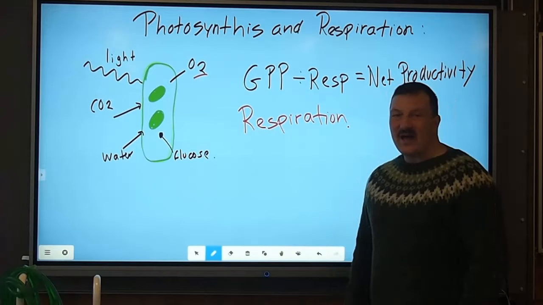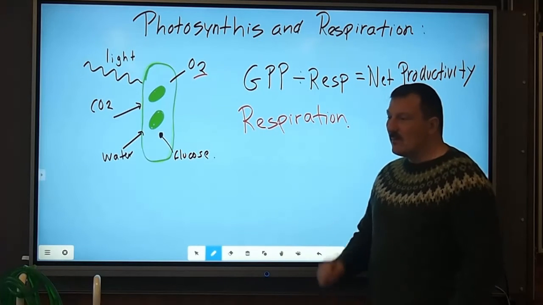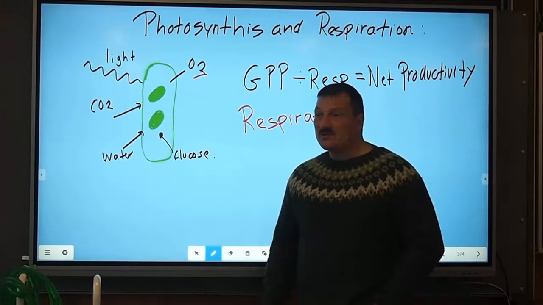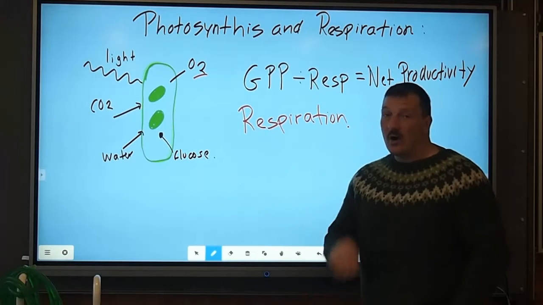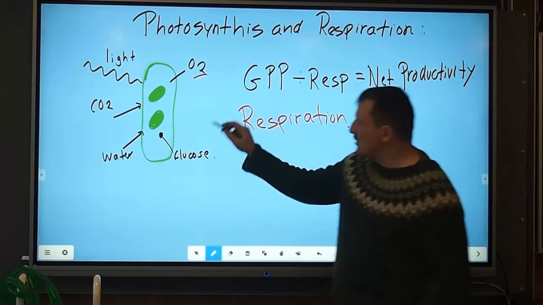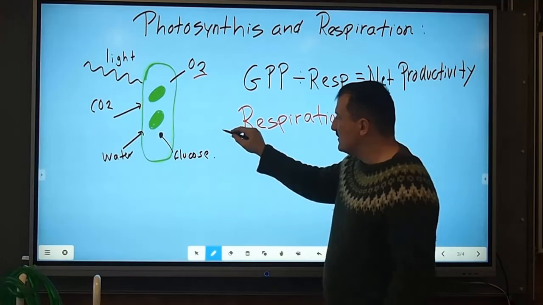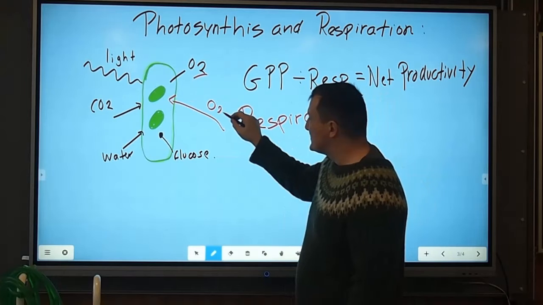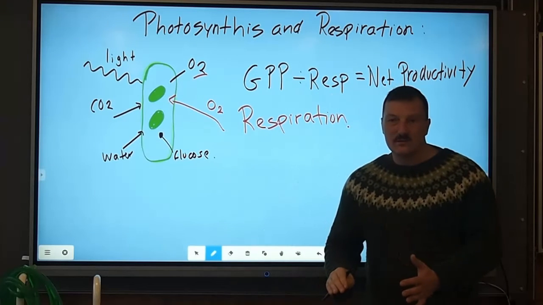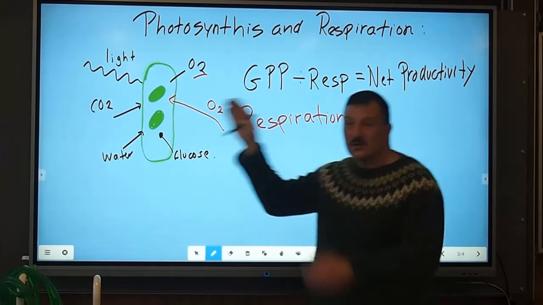And because of that, the total amount of photosynthesis that happens in the ocean is not the same as the total amount of oxygen being produced, because when the algae do respiration, they also use oxygen themselves. Luckily for us, they make more oxygen than they use.